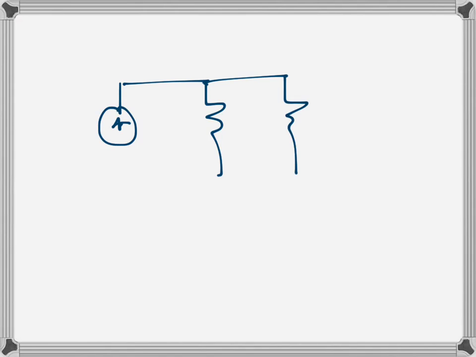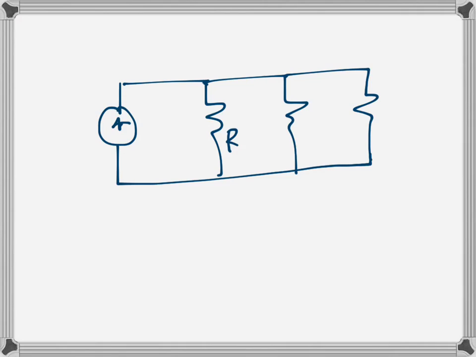Similarly, let's now consider resistances connected in parallel. So let's say we have a current source and three resistances connected like that. This is R1, R2, R3, and this is I, and the voltage drop here is V. This will be the same drop here, and here, because these are connected in parallel.